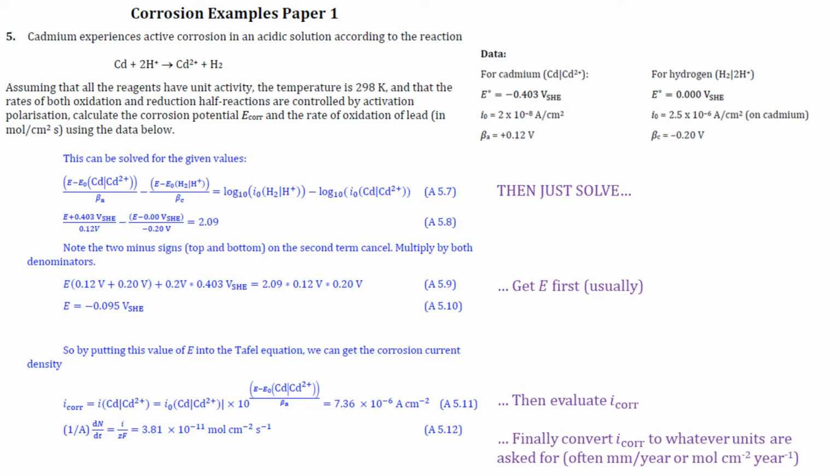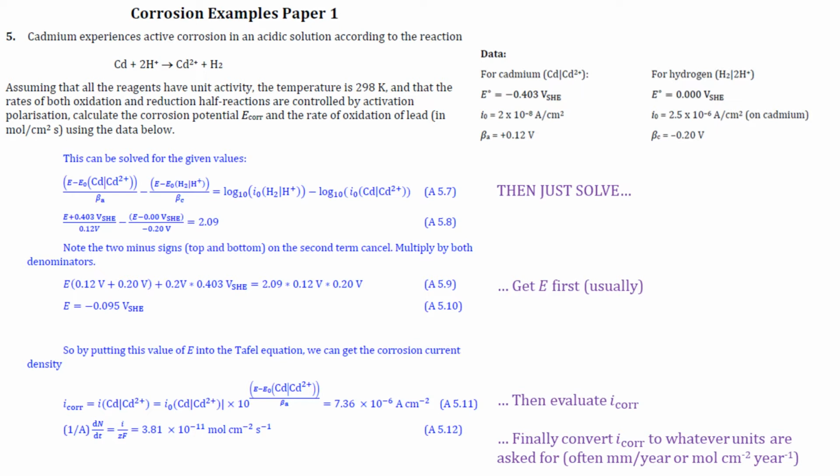In general, you want to first of all solve to find E, the corrosion potential. You need to in this question because it asks you to find the value of E_corr, which is just E in my algebra. You solve for that first, as in equation A5.10 in my answers.